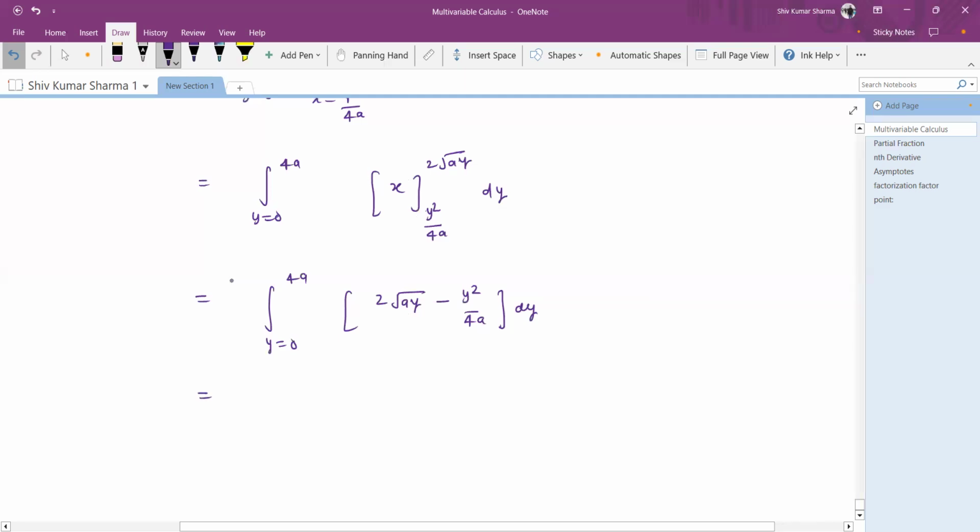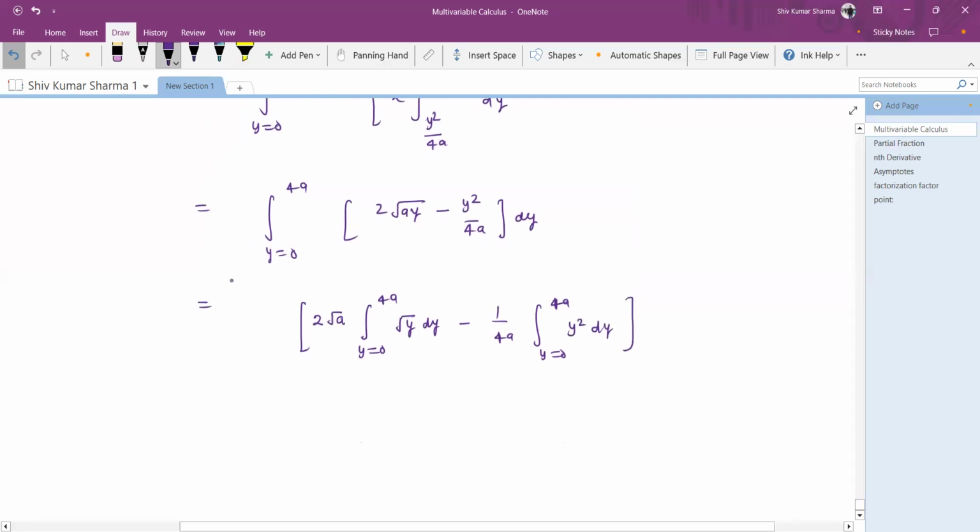Now when we integrate this with respect to y, in the first term you see that 2 is constant and root a we can also take outside, so we write this as 0 to 4a root y dy minus 1 upon 4a, and separately 0 to 4a y square into dy.